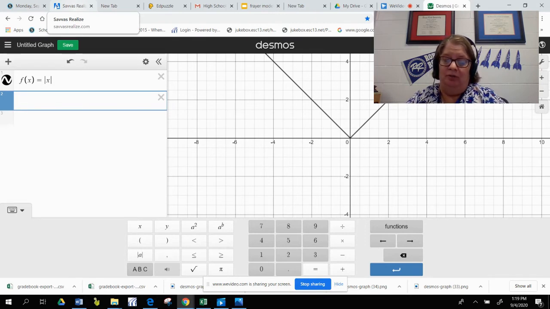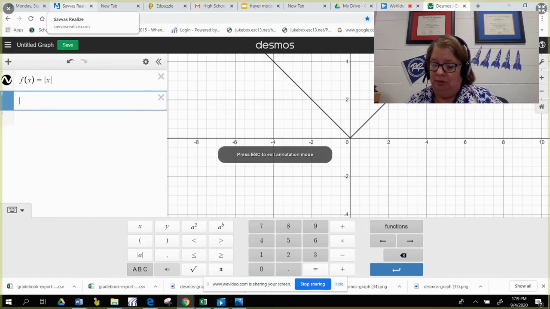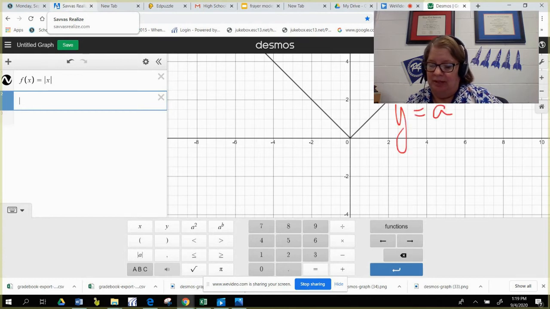So you remember we had y equals, or f of x equals A times absolute value x minus h plus k. We've already seen that a plus k makes it go up. A minus k makes that graph go down.